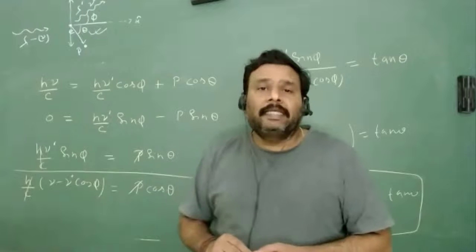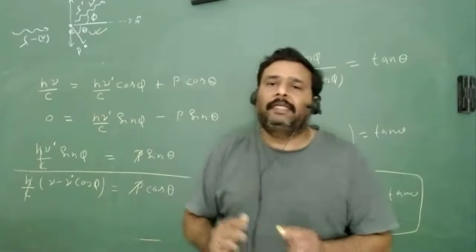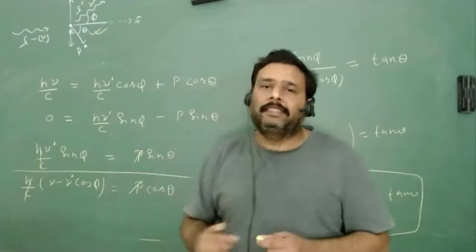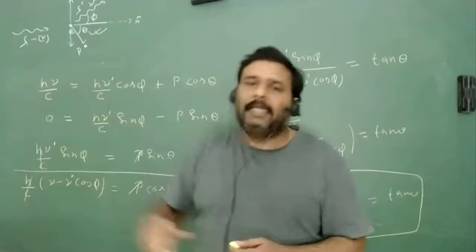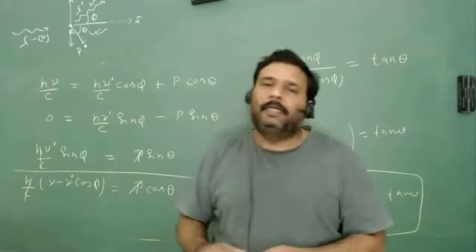Second thing: what is the difference between the photoelectric effect and the Compton effect? In both cases, we are putting light on the electron, and we have two different types of phenomena.